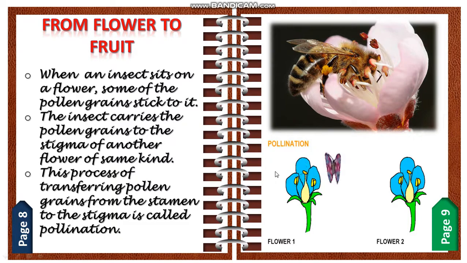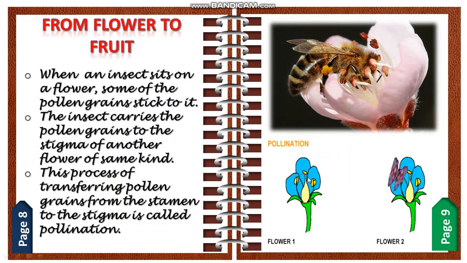Here you can see a bird, a butterfly. First, it is sitting on flower number 1 and then flying and again going to flower number 2. So in this process, the pollen of this flower is being pollinated with flower number 2. So this process is known as cross pollination.